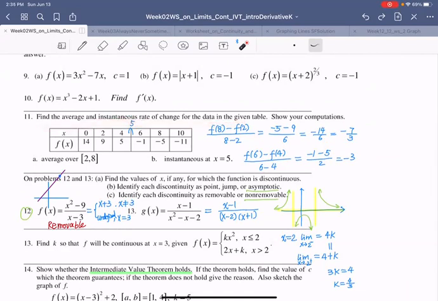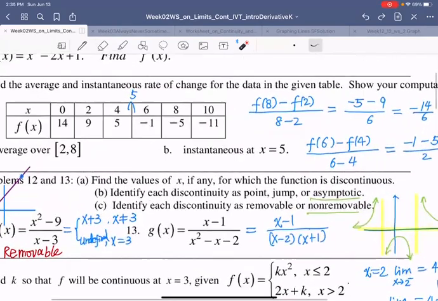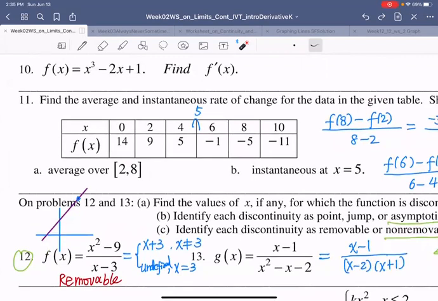Average rate, look at this. They ask you for the average rate between 2 and 8. Go ahead, everybody. This is your x1, x2. This is your y1, this is your y2. This is Algebra 1, okay? Go ahead and do this. Text me your answer. This is super easy. Everybody should give me the correct answer.